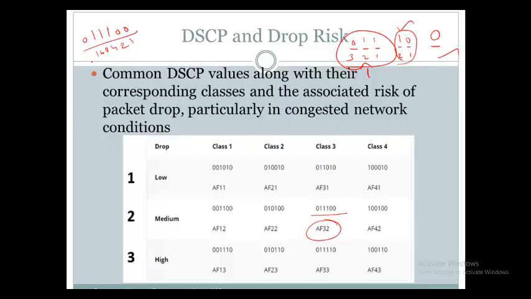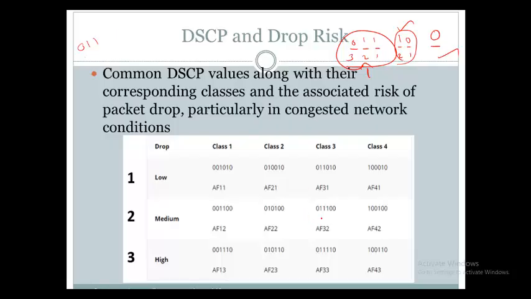So you need to understand that the bits are grouped like this: 0, 1, 1 and then 1, 0 and then 0. This is separate, this is separate, and this is not considered. So this is 2, this is 2 plus 1, 3. Sorry.